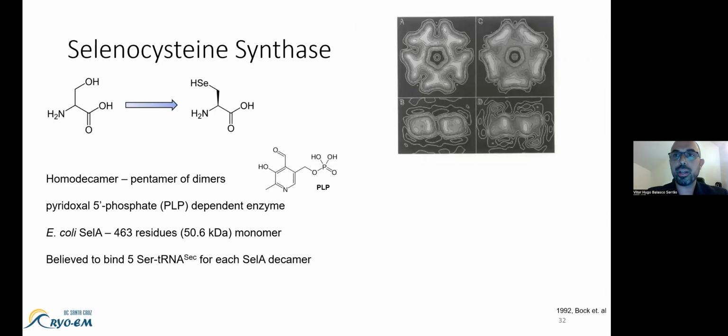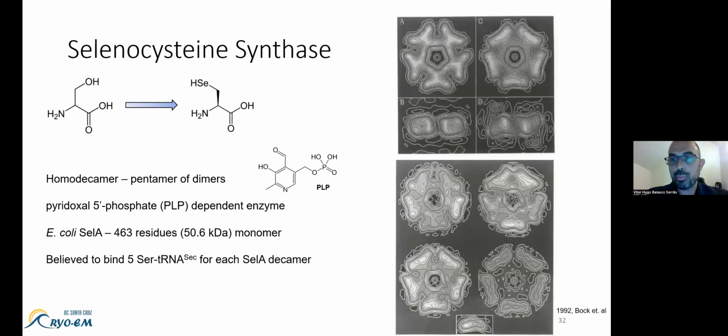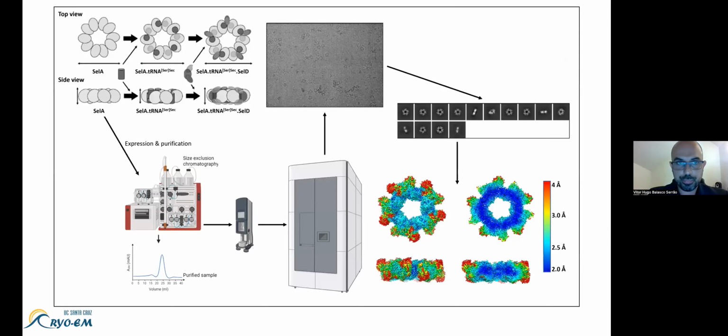If we compare how electron dense some of the regions are, they believed that the proper stoichiometry of one SelA homodecameric state is to bind 5 tRNASec. So one SelA to 5 tRNAs. And this is what was believed for several years.